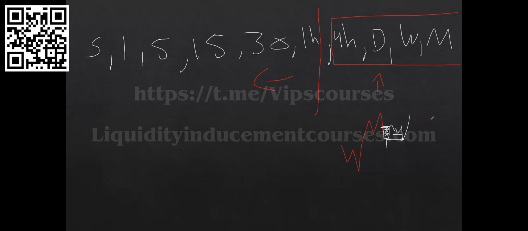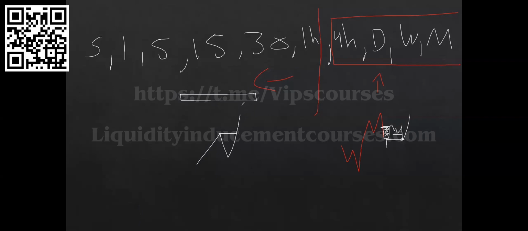Now the weekly. The only two things you care about in the weekly: you want to know the most recent break of structure on that time frame. So if it's the weekly, there's your BOS. And then you want to know where can it come into, and where is it coming from?